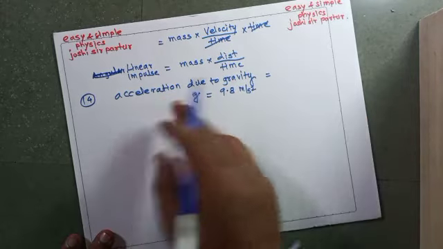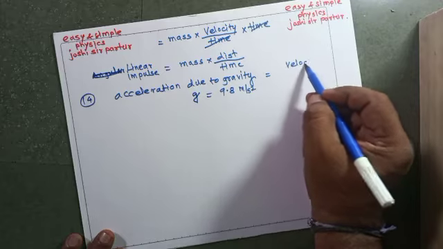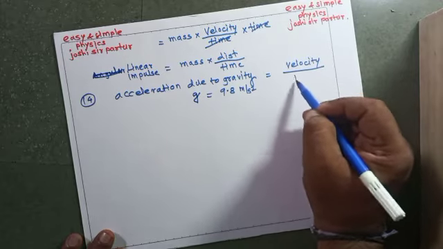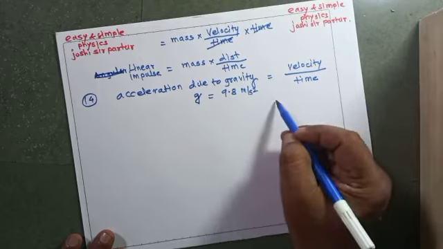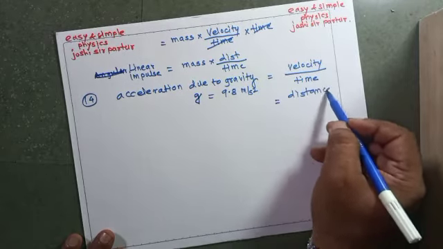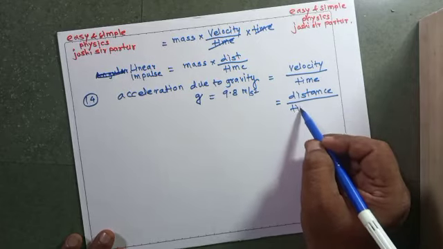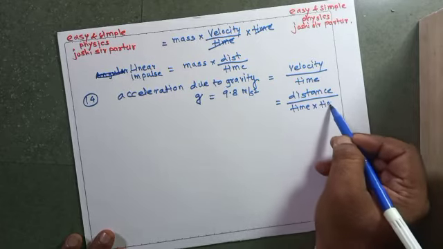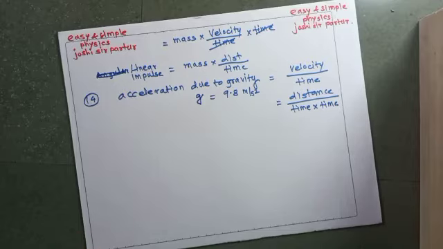It is acceleration, meaning velocity upon time, so we can write distance upon time multiplied by time. That is the formula for acceleration due to gravity.